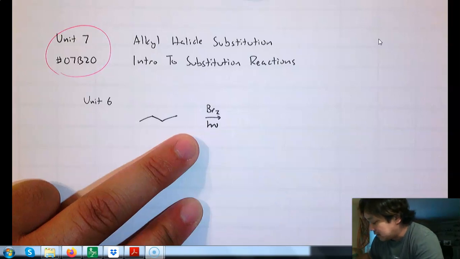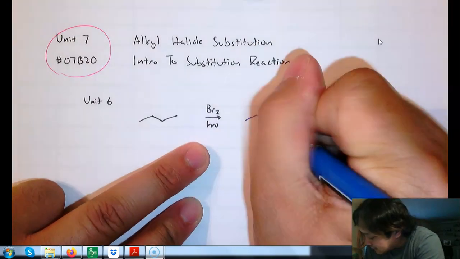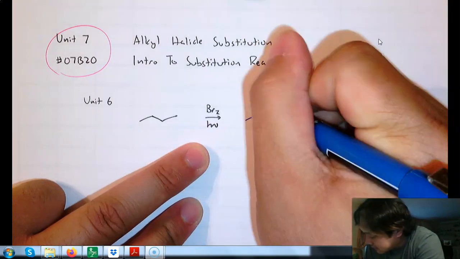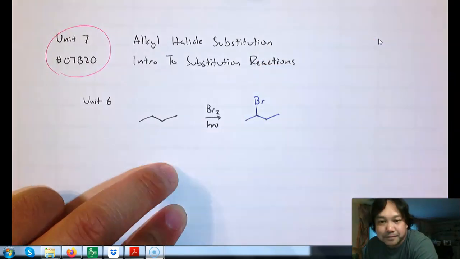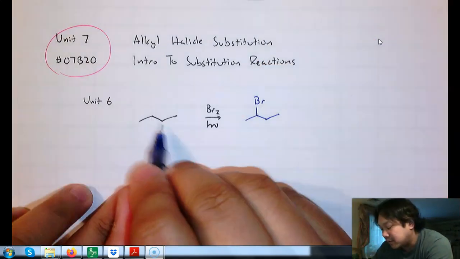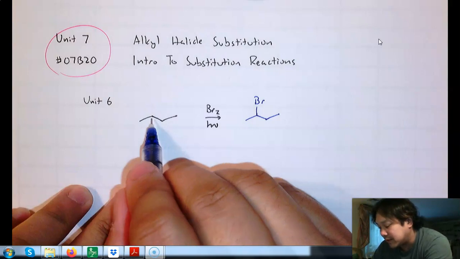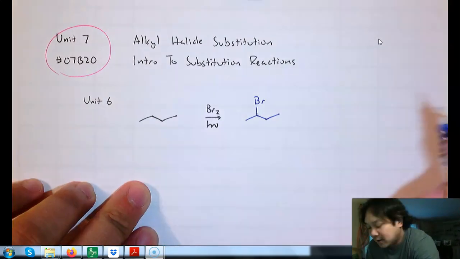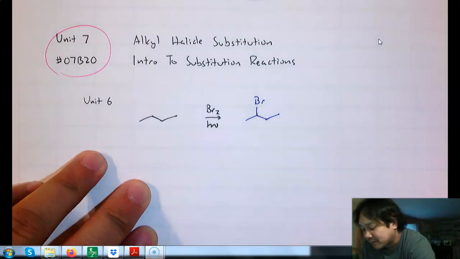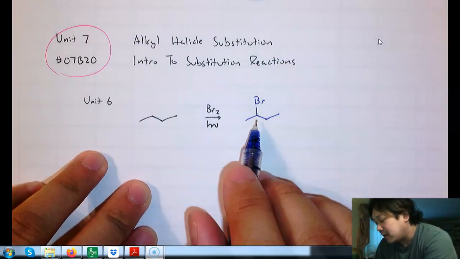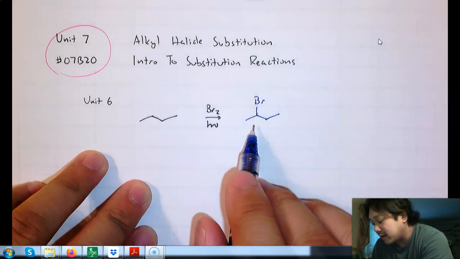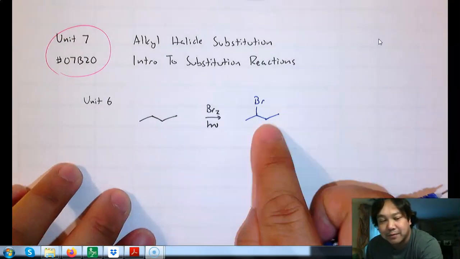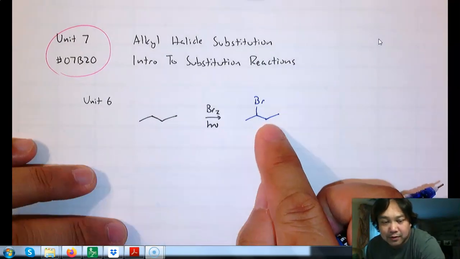And the product is put the bromine on the secondary carbon. Okay. And it doesn't matter which carbon you use, the secondary carbon here or over here. It will be the same product. We're disregarding stereochemistry. We know that the bromine can come from the front or the back, giving a 50-50 mixture, but at this point we're not concerned about that.